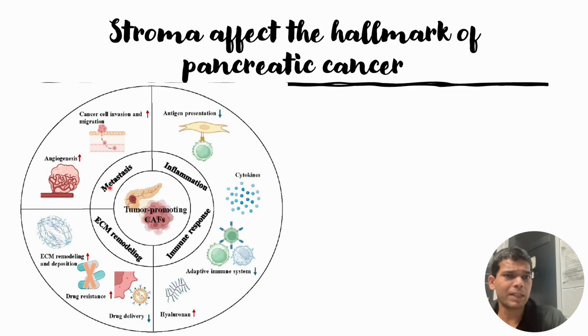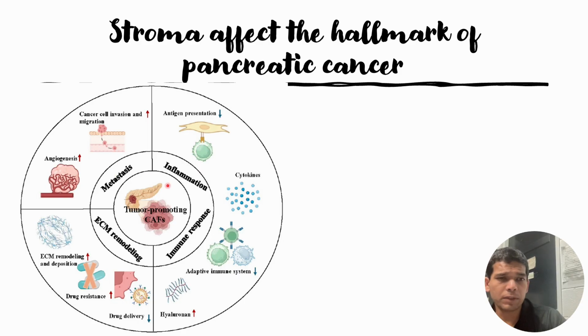How it helps in the metastasis is through angiogenesis. Through angiogenesis, it will make sure that tumors will have enough supply of food that is necessary for its uncontrolled growth rate and invasion and migration.